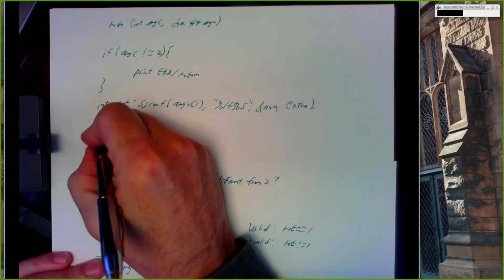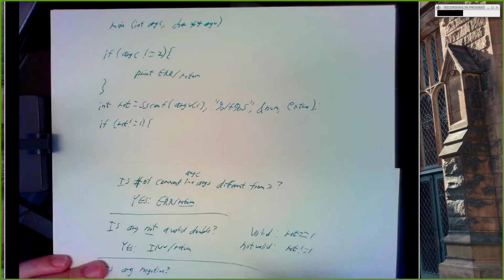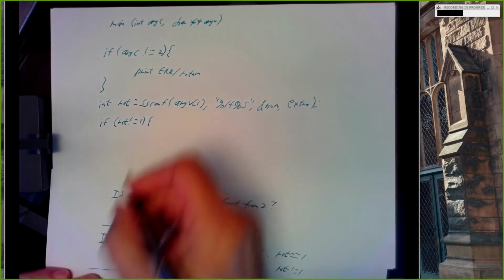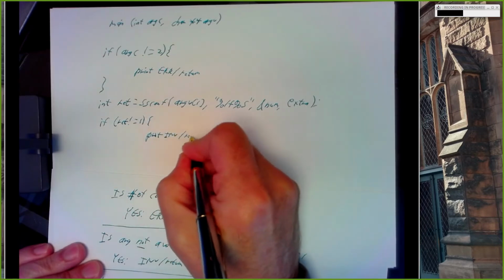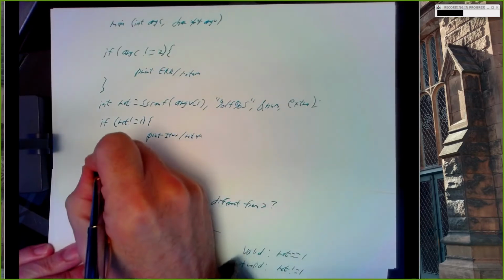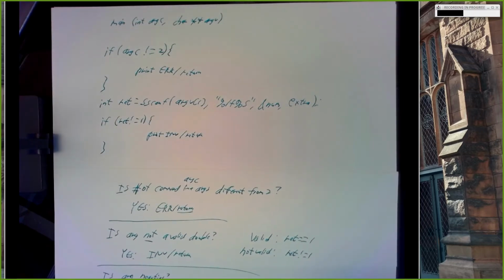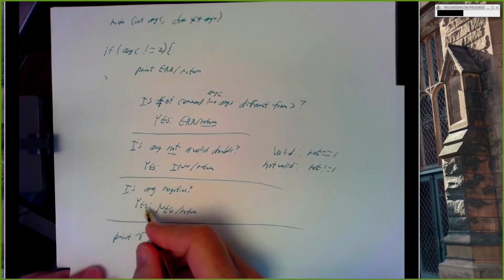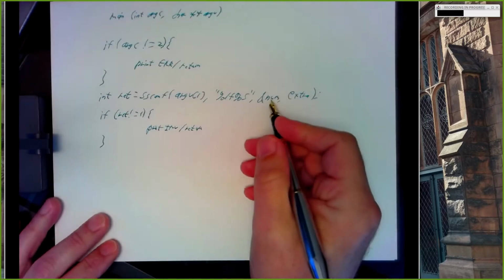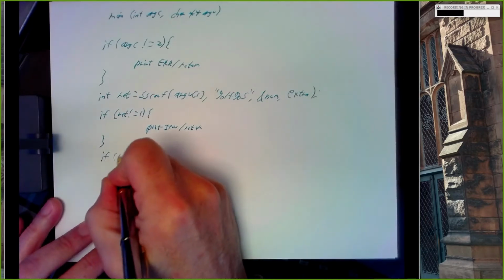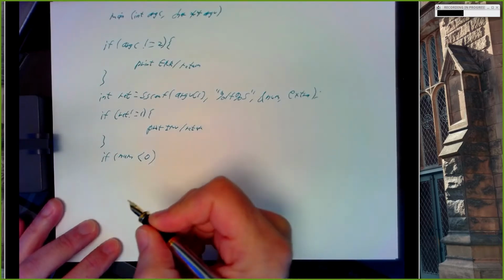So if return is not equal to 1, we don't have a valid double, and I'm going to print out invalid and return. All right, if we get through that, now we're ready to see if our argument is negative. Well, we scanned our number into num, and negative means less than 0, not less than -1, less than 0.